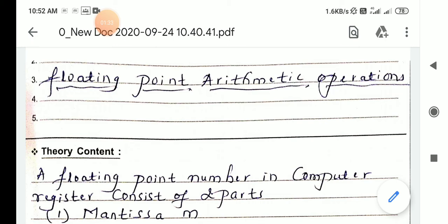You saw how to represent fixed point using addition, subtraction, multiplication, division, and sign magnitude, one's complement and two's complement. Today's class is the same as fixed point, the only difference is that you use floating point arithmetic operation.